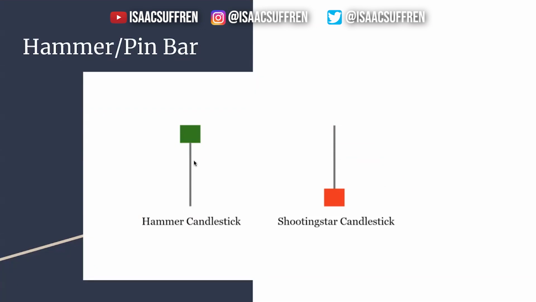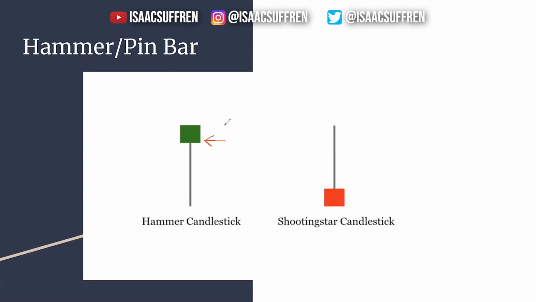Now, why is that? Remember what we talked about: the opening price and then the closing price and then the wick. Now, for this candle right here, you can see that the candle opened right here. How do I know it opened right there? Because it's a green candle, so the price had to close higher than it opened, right?